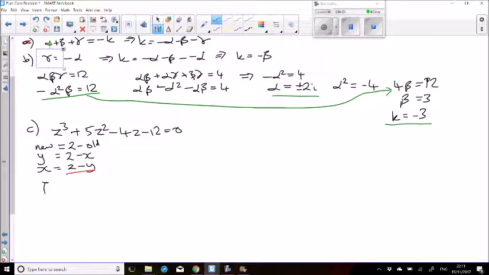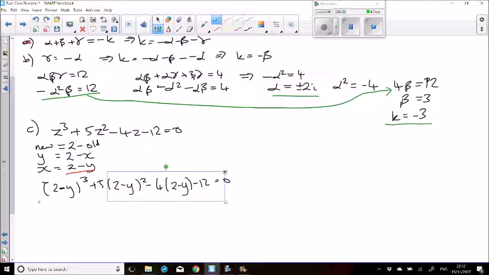So 2 minus y cubed plus 5 times 2 minus y squared. Okay, so here we could use the binomial expansion. So 2 cubed, 3 times 2 squared times negative y.